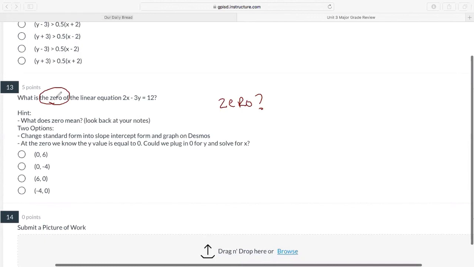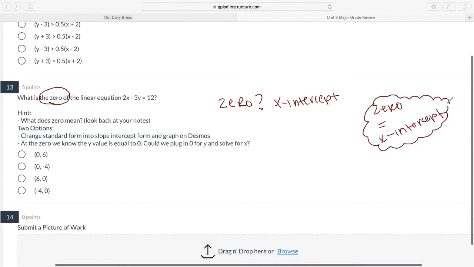So is it the x-intercept? Thank you. It's asking for the x-intercept. If you don't already have this in your notes, I need you to write it. Zero is the same thing as the x-intercept. It could be asked either way. Those are synonymous words, zero and x-intercept. So when it's asking for the x-intercept, it's asking for the zero of the equation.